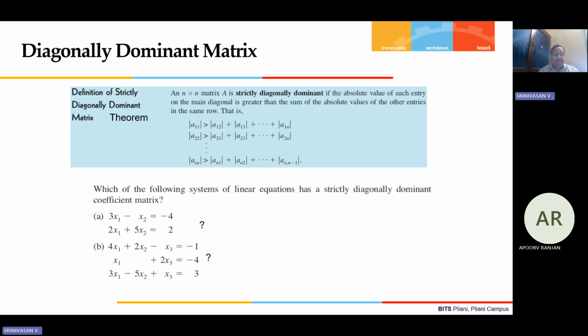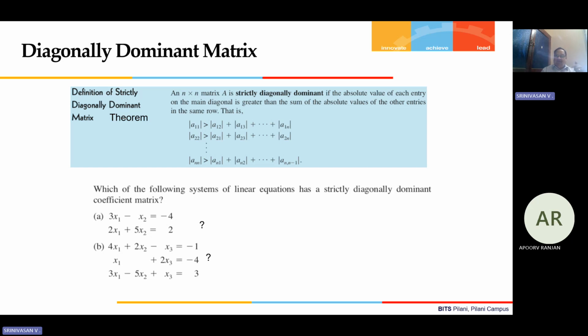Therefore, this has a coefficient matrix 3, minus 1, 2, 5, which is strictly diagonally dominant. Okay. Coming to the next one, 4, 2, modulus of minus 1. So 4 is greater than 2 plus 1.